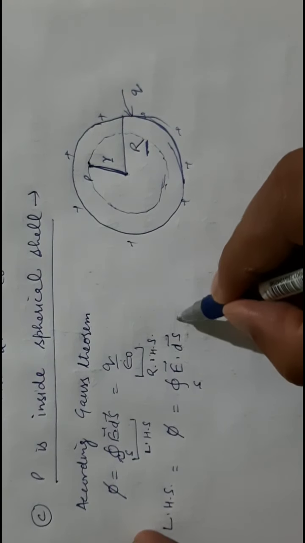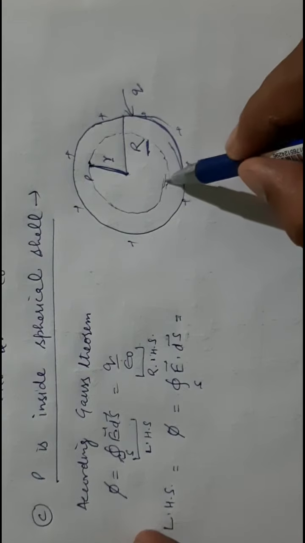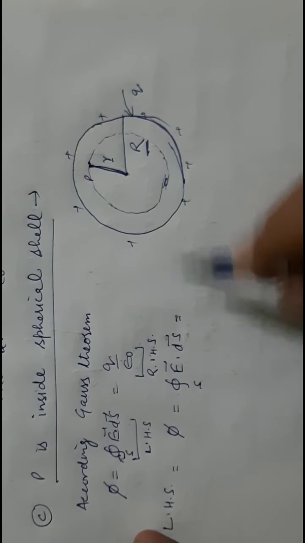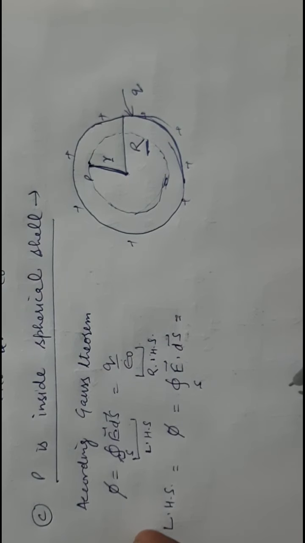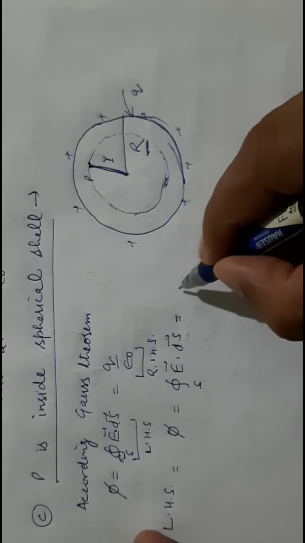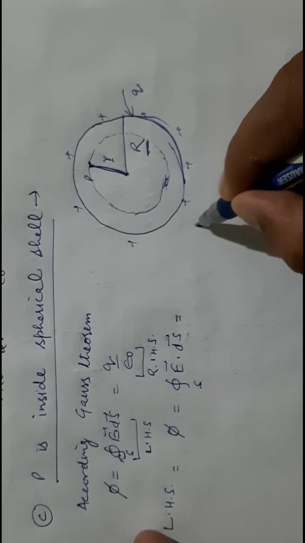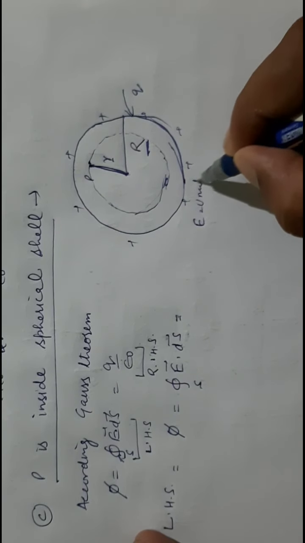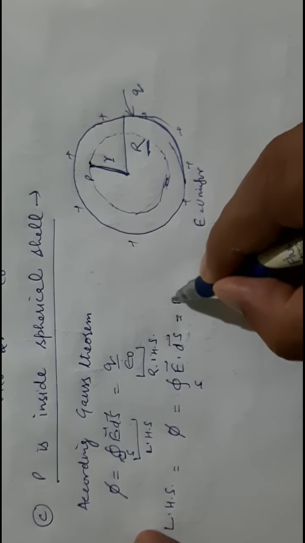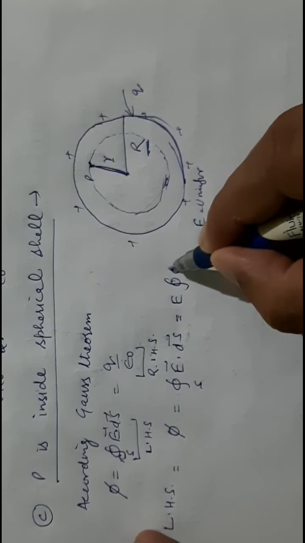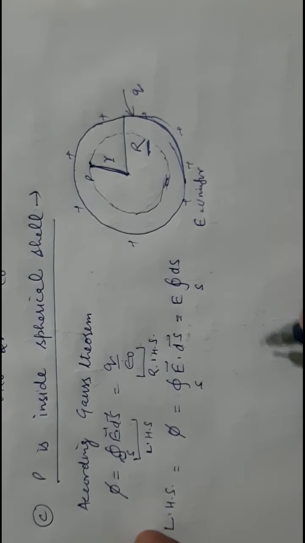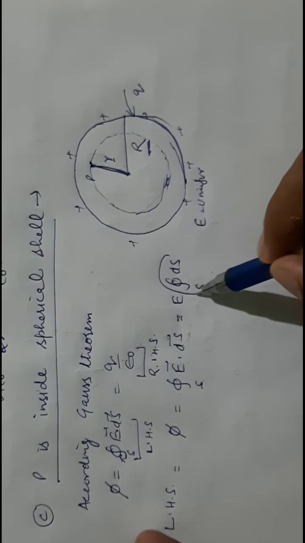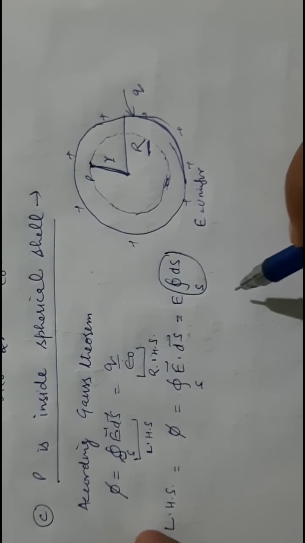If you see, this surface is equidistant from the spherical shell and also symmetrical, so we can say that E is uniform. As E will be the same everywhere, E can be taken outside, and ds is left with the closed surface area of the Gaussian surface.